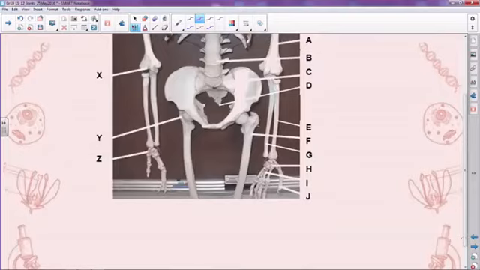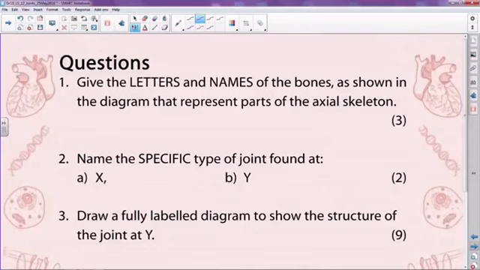The first question asks: give the letters and names. As soon as something is in capital letters, you need to pay attention. Of the bones shown in the diagram that represent, and this is the catch, the AXIAL skeleton. They want you to look at which parts make up the axial skeleton.